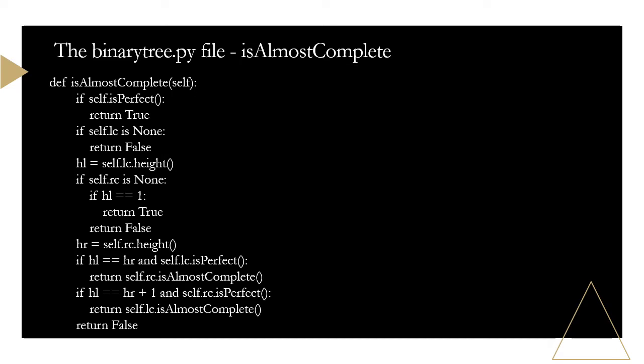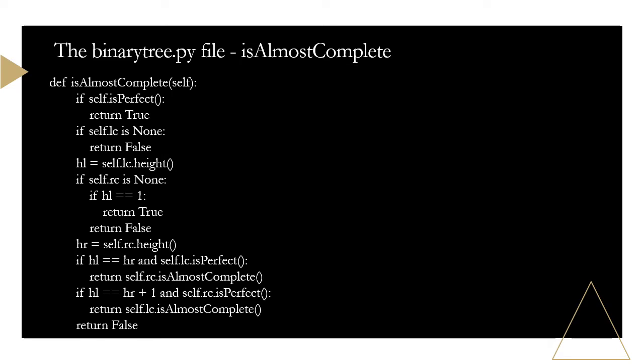Now we check for the other two types of almost complete binary trees. If the height of the left subtree is equal to the height of the right subtree and the left subtree is perfect, then everything depends on the right subtree. If the right subtree is almost complete, then this tree is almost complete.